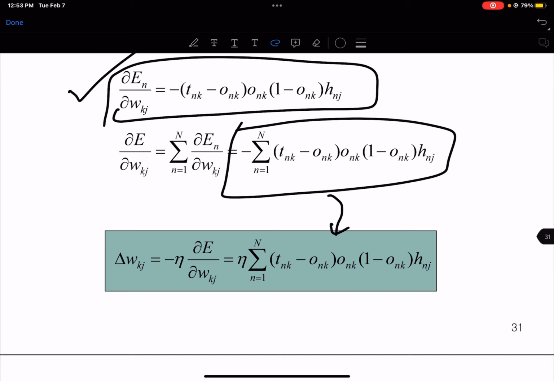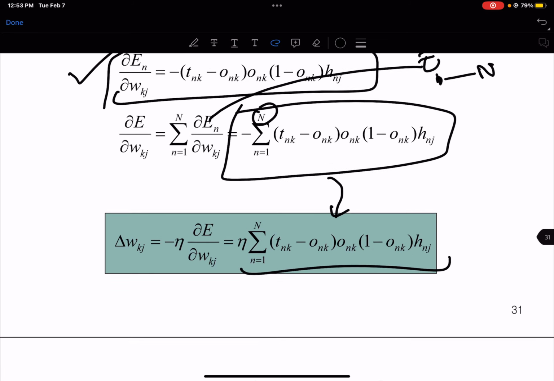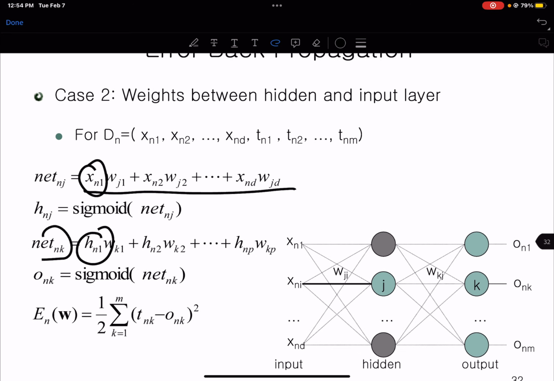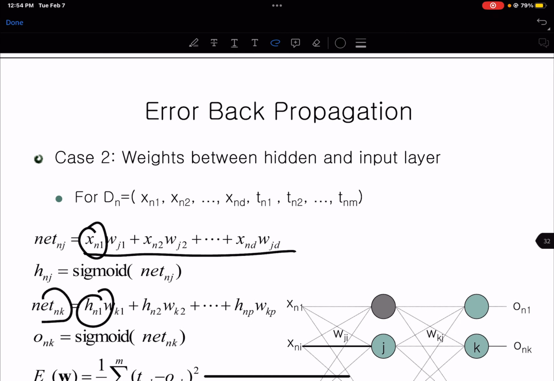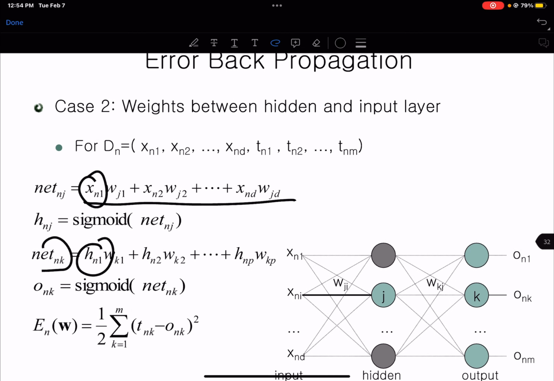We did this for a specific weight value, but if we want to consider all n values, error from 1 to n, we can use this structure, this representation of our weight update. The weights between hidden and input layer.